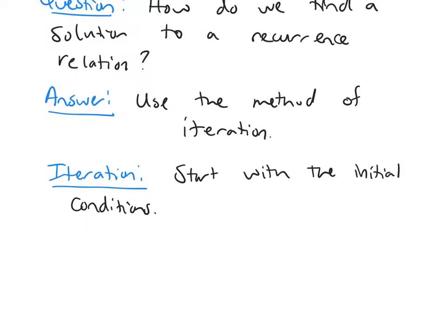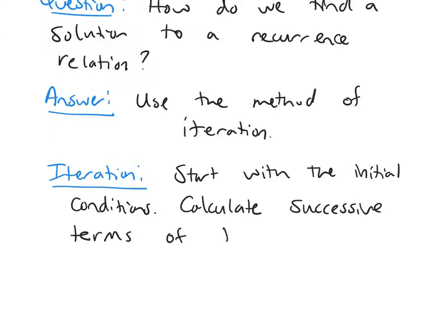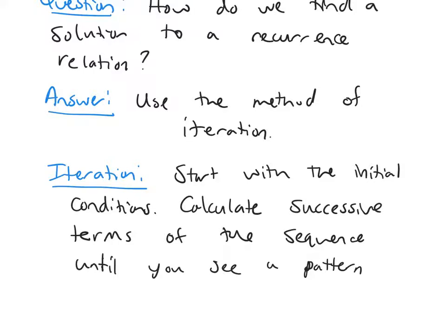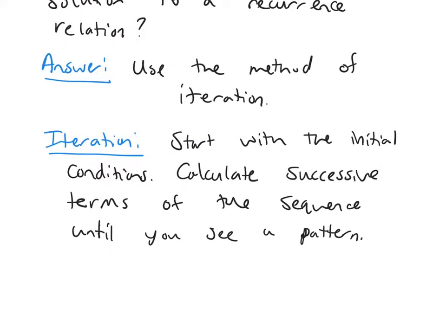And then you're going to calculate successive terms of the sequence until you see a pattern. Basically, what you're trying to do is come up with a formula for something. And so in order to do that, you have to observe or notice a pattern. Formulas are based off of patterns.